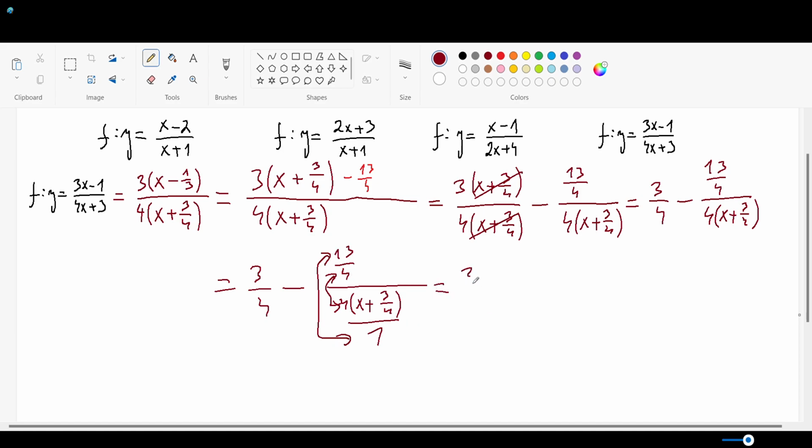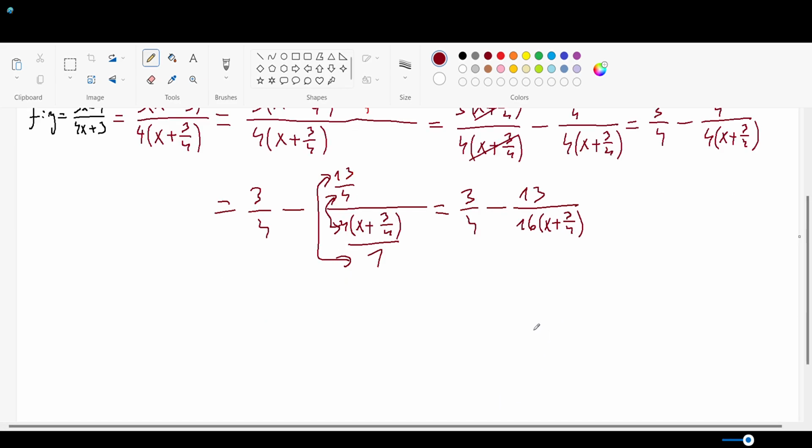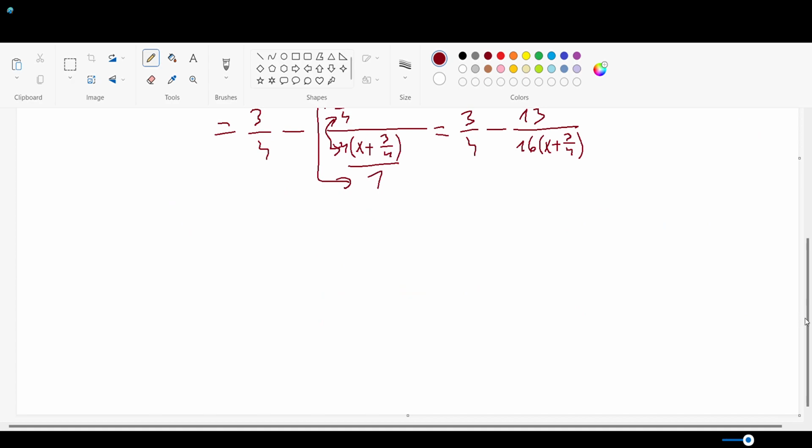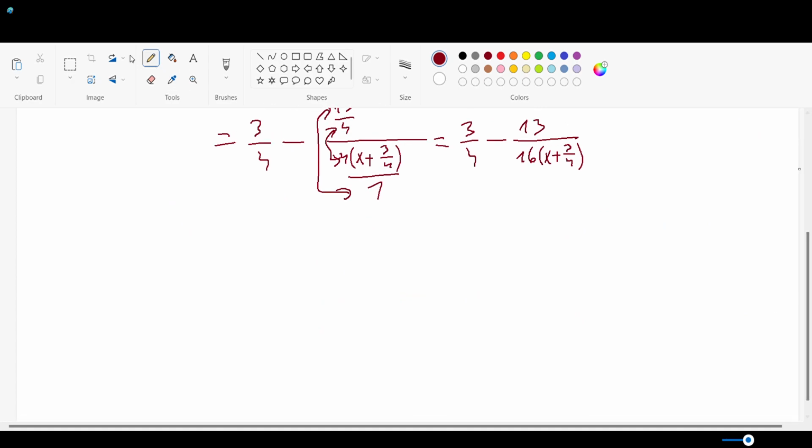So it's going to be 3/4 take away 13 over 16 times (x plus 3/4), and this is our function we were looking for, and now we are able to draw the chart of the function properly.